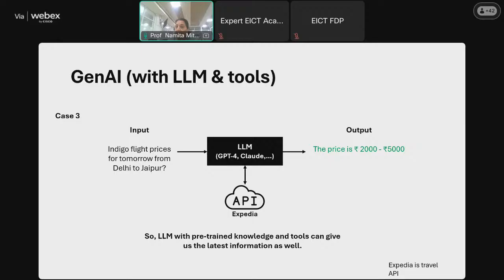So LLM with pre-trained knowledge and tools can give us the latest information as well. And this may be the machine learning kind of thing, prediction, as well as the LLM may have some interaction with the APIs. APIs are several, that is external knowledge. And the API, Expedia, is providing data after training.